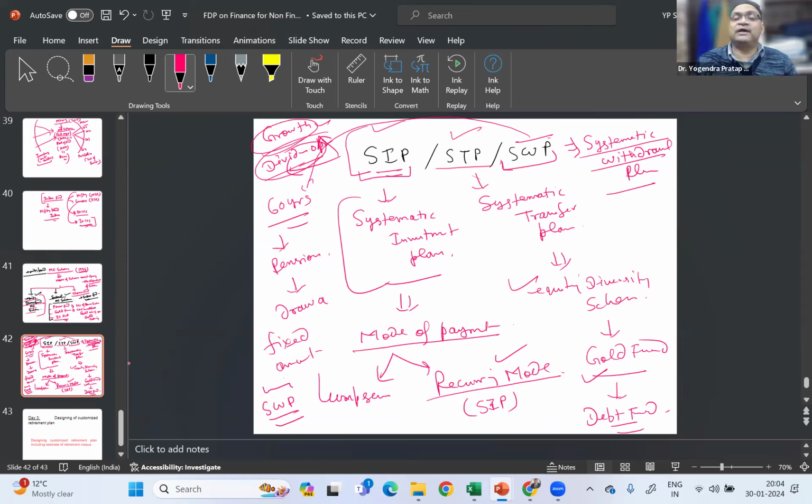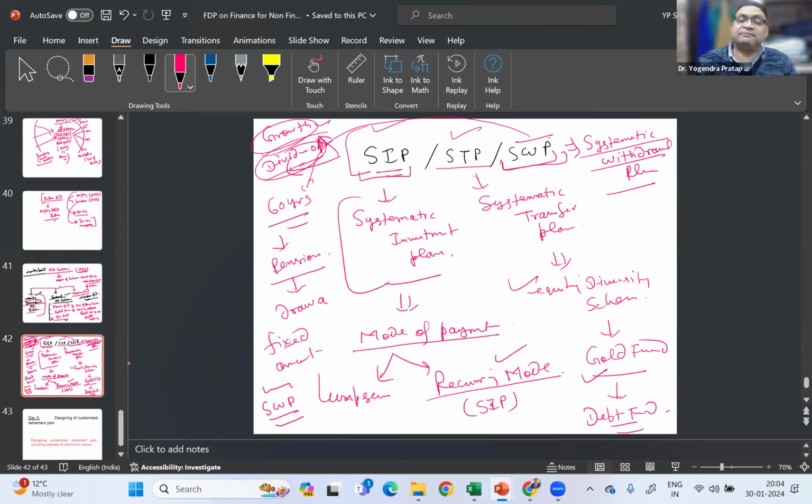Now, when you go for the SWP, it is possible only when the fund manager sells that particular unit. Suppose you want to draw a fixed amount of rupees 25,000 every month. Then the equivalent units are sold.